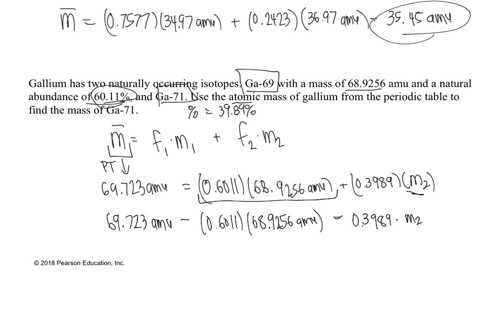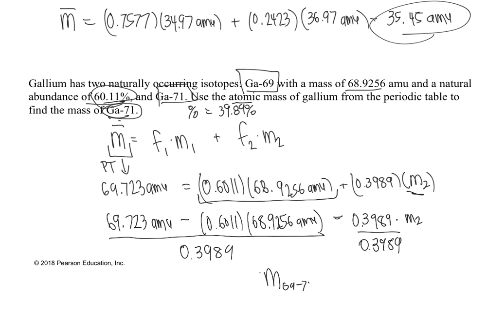So I'm going to take this whole number, plug that in your calculator, and divide by 0.3989. And that should give me my second mass. And to double check, our mass should be really close to 71. And it is. The mass of that second isotope, gallium 71, is 70.92 AMUs. So a little bit of algebra there.